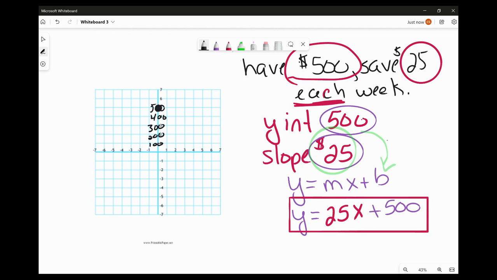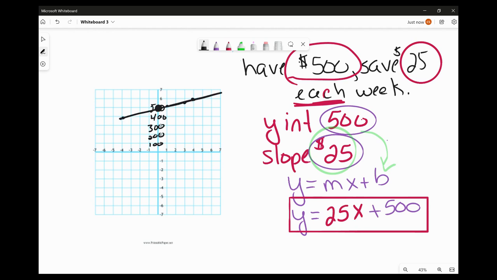So we put a point on our y-intercept. Our slope, it's going up by $25 each week. Okay. So each week that goes up, it goes up $25. It should look like this, right? In 4 weeks, it goes up an actual 100 and so on. And our line would look like this.